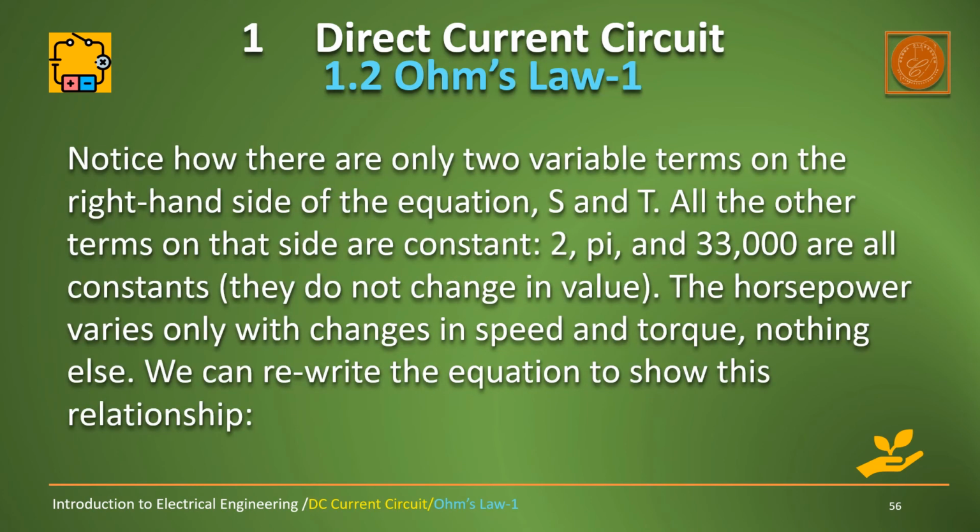Notice how there are only two variable terms on the right-hand side of the equation, S and T. All the other terms on that side are constant. 2 pi and 33,000 are constants. They do not change in value. The horsepower varies only with changes in speed and torque. Nothing else. We can rewrite the equation to show this relationship.